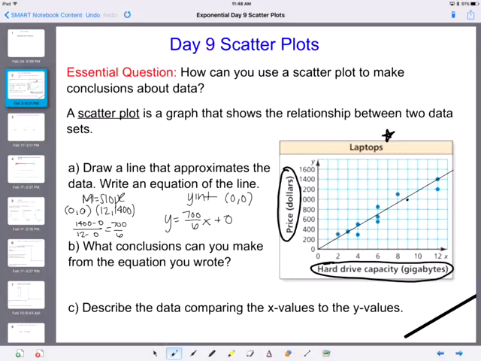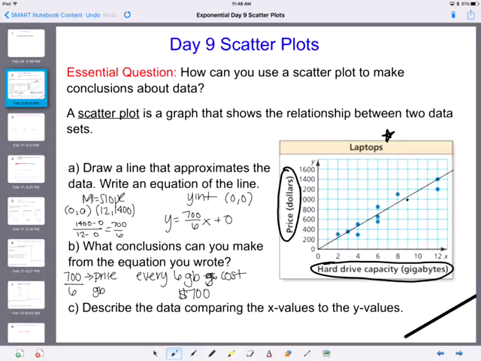So for our y-coordinate, our change in y is talking about our price. So this right here is talking about our price. Our 6 is talking about our gigabytes. So every 6 gigabytes cost $700 more.